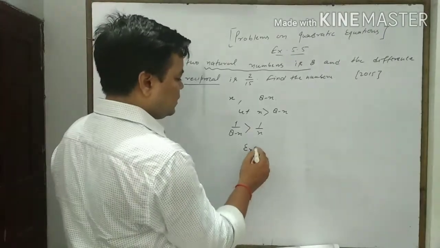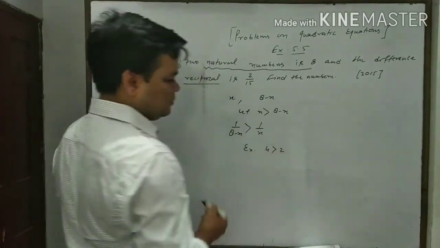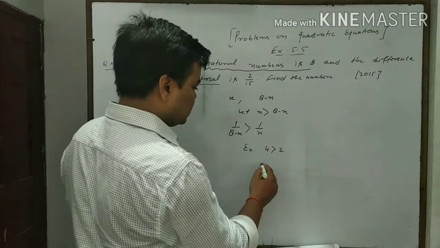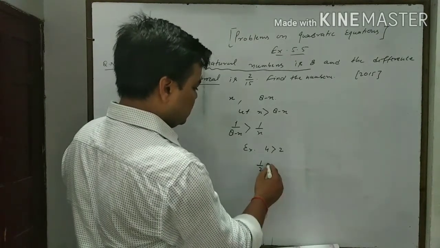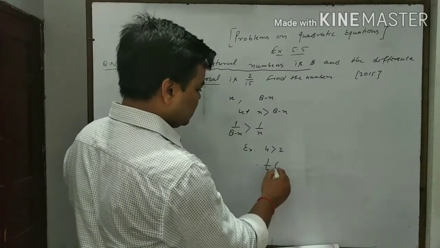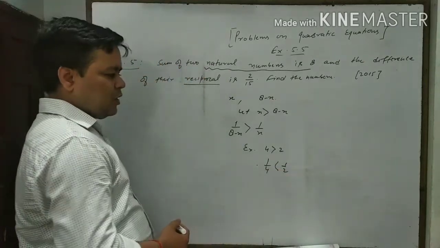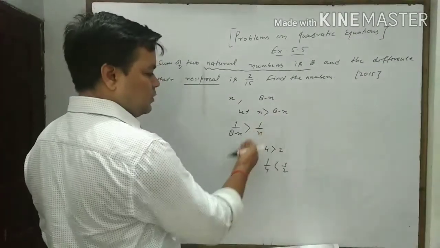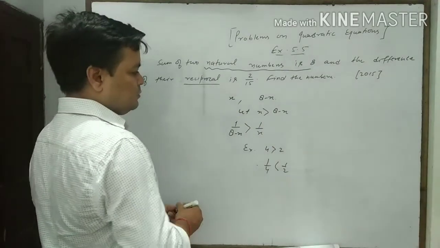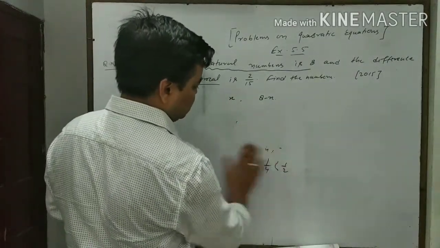Example, just like here 4 is greater than 2, but 1 by 4 is less than 1 by 2. Okay, so we should solve this question keeping this concept in mind. So let us start the solution.